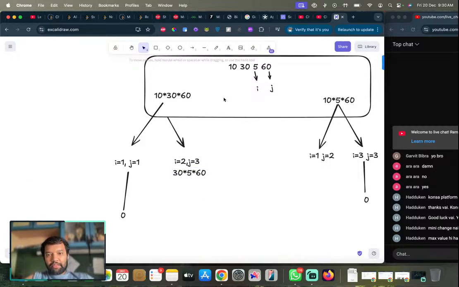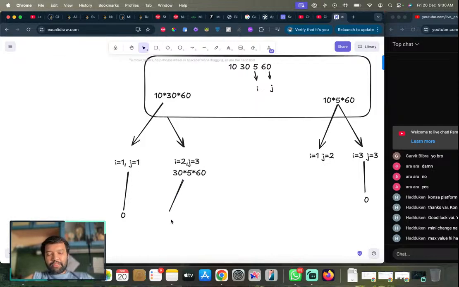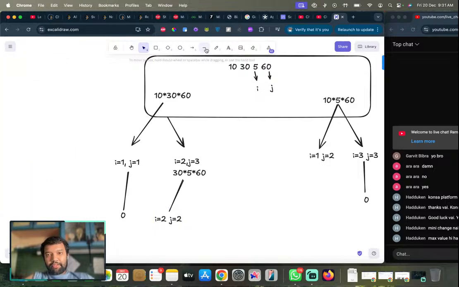And first partition would be I to k. So I is equals to 2, j is equals to 2, which will give us 0.